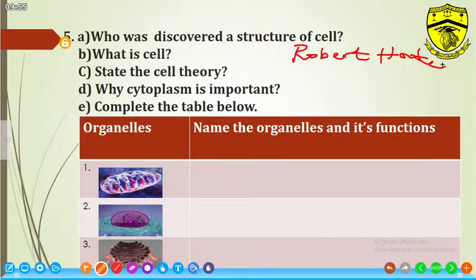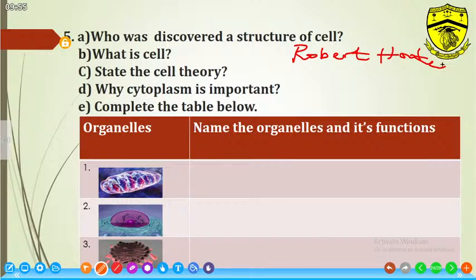State the cell theory. What is the cell theory? You know that? Yes, the structural and functional unit of life is the cell. All organisms are made up of one or more cells. New cells are formed from pre-existing cells.